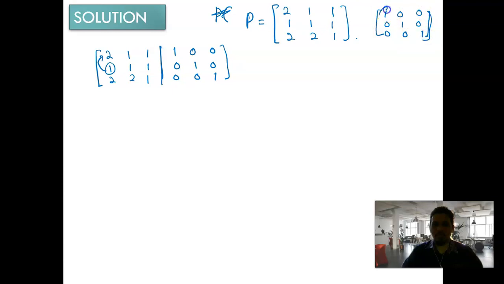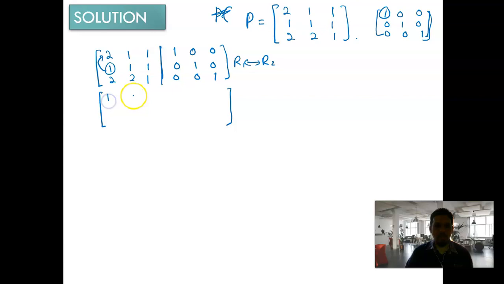So we want the first entry to be 1, so interchange R1 with R2. Once we make this interchange between 1 and 2, the rest of the elements just follow the rules. So we bring the second row up to the first row.